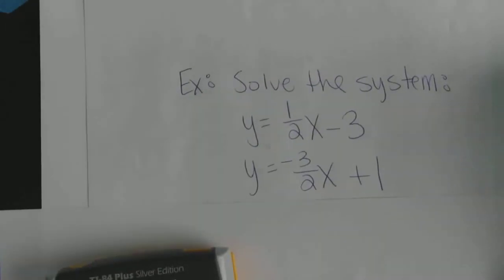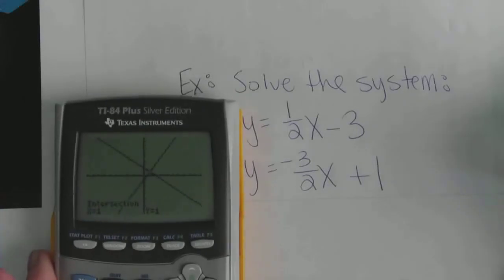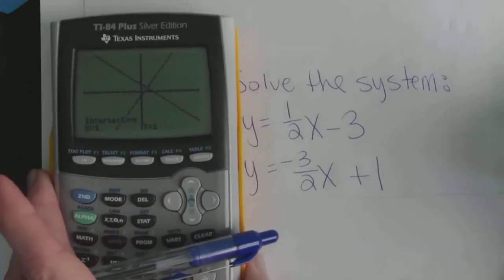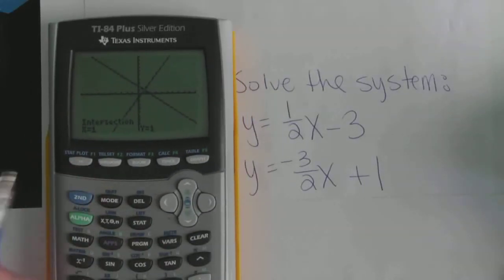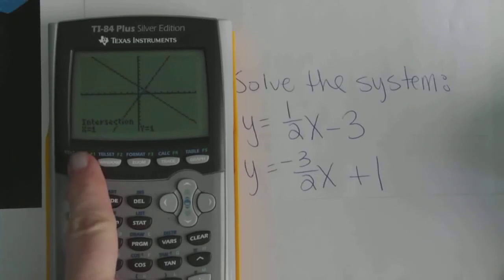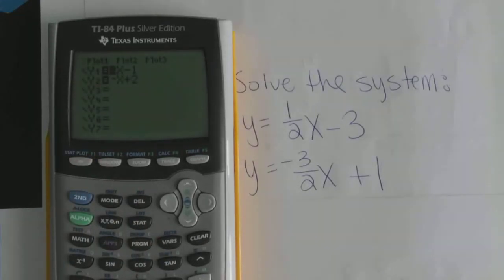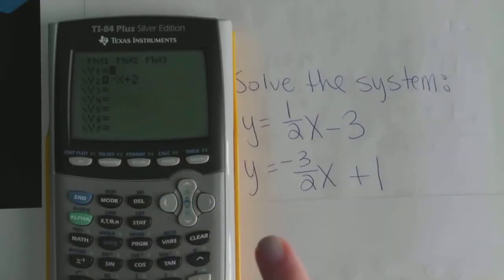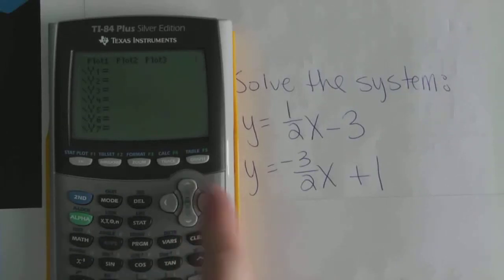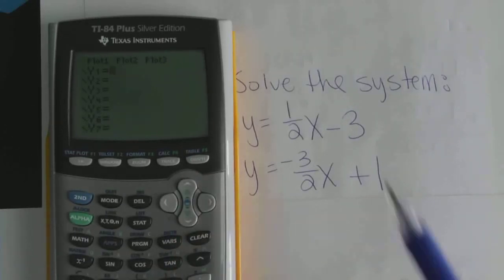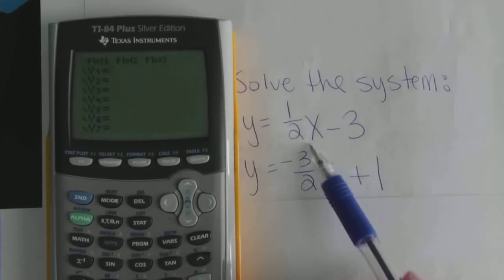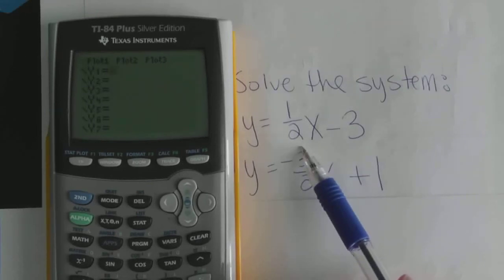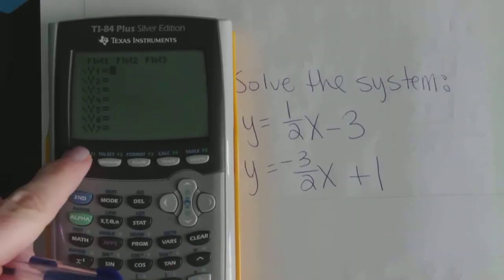So again, we just grab our TI-84, set it on down here, scooch this over, and let's go back to y equals. I'm going to press y equals here. Now I want to get rid of this old junk, so all I have to do is for y1, I just hit clear, arrow down, y2, clear, and I'm ready to roll.